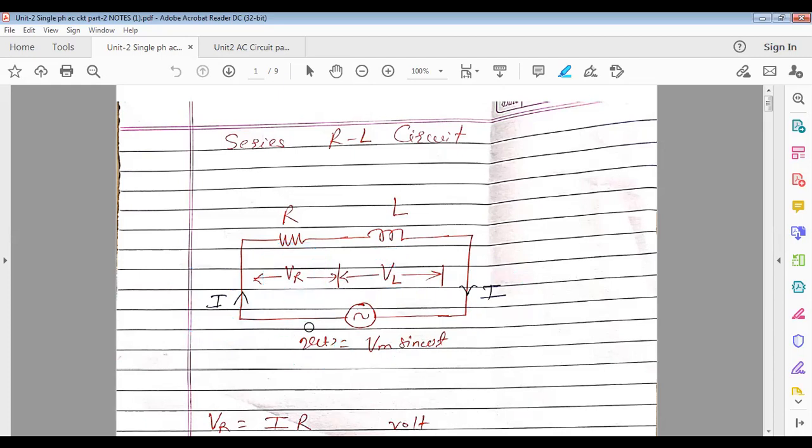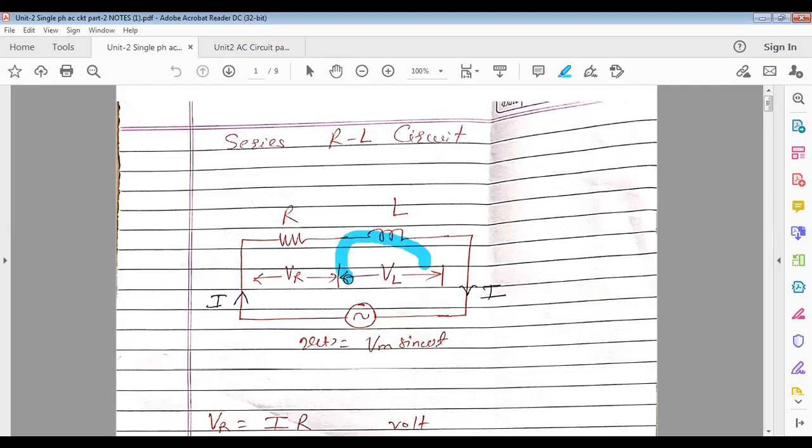Now see, for resistance, the voltage drop across it is VR and the current flowing through it is I. We have seen the phase difference between VR and I is 0 degree. So like this you have to draw in the phasor diagram.